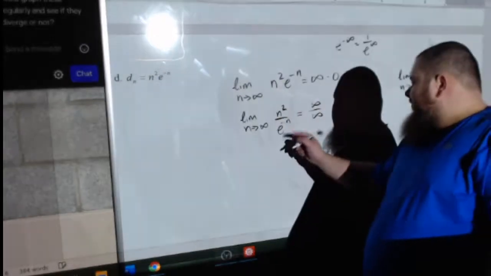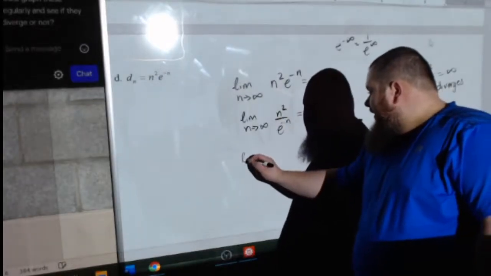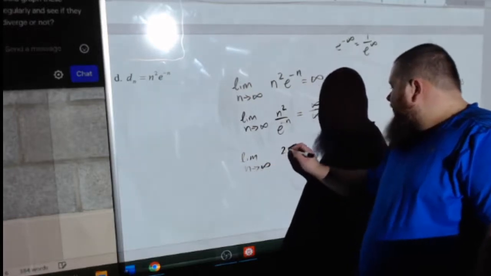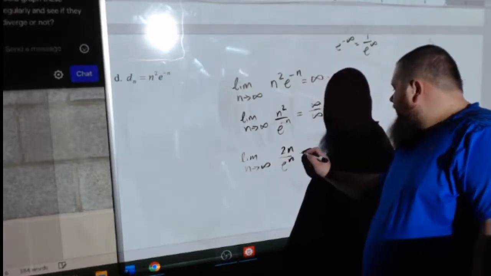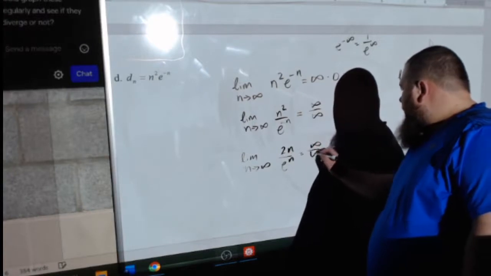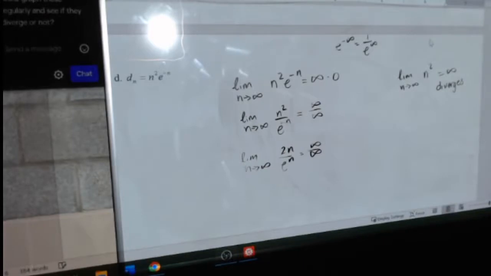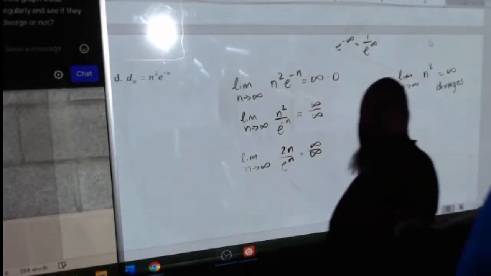That means I can take the derivative of top and bottom and apply the limit again. So this is going to be 2n over e to the n. You plug in, you once again get infinity over infinity. So I have to take another derivative.